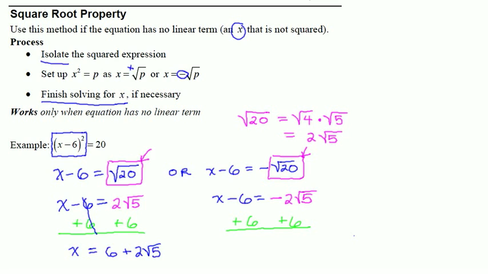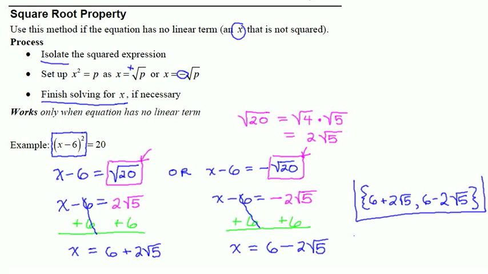And similarly over here, I'm going to write this as x equals positive 6 minus 2 times the square root of 5, so that I have two solutions to this equation, and I could write those using set notation if I wanted to as 6 plus 2 times the square root of 5, comma 6 minus 2 times the square root of 5. And then of course I would box my final answer.